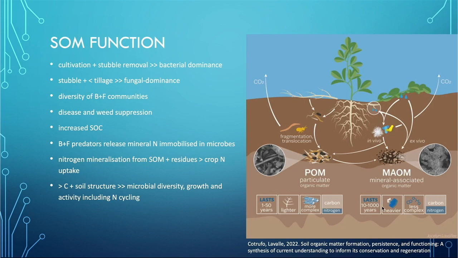And that can last up to 1,000 years, probably more. Once again, these are just figures thrown around. It's heavier in the sense that it has this mineral content now and is stuck together. And it's less complex only because the microbes have stripped all the complexity out of it from the leaf residue. And once again, it's rich in carbon and nitrogen.